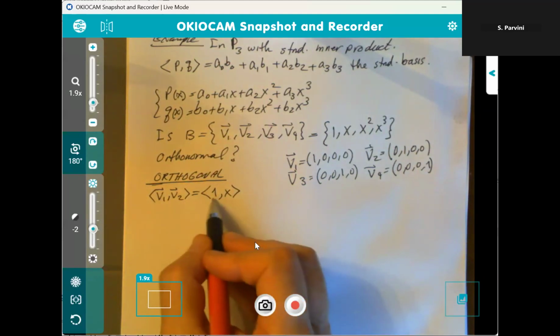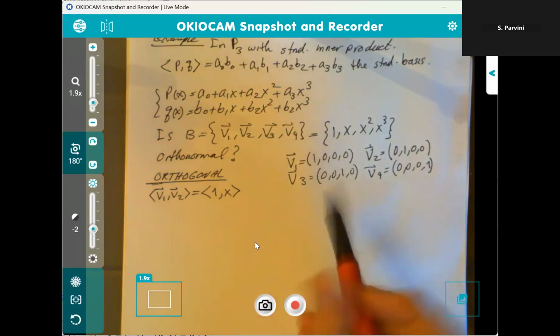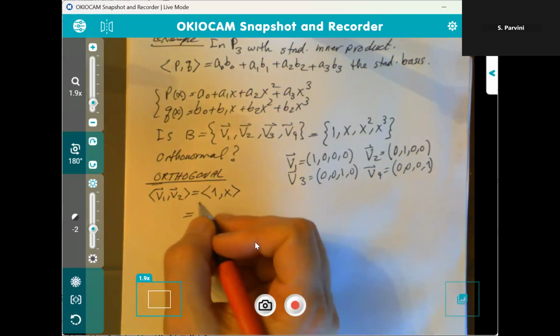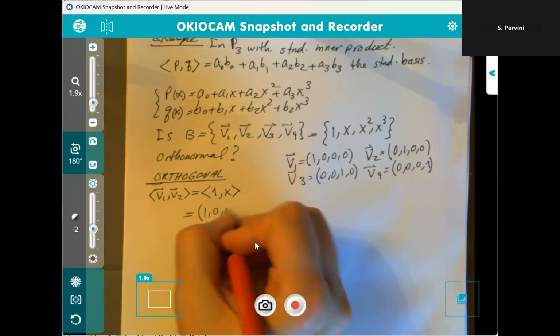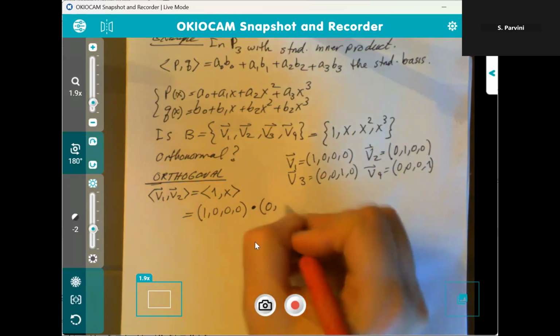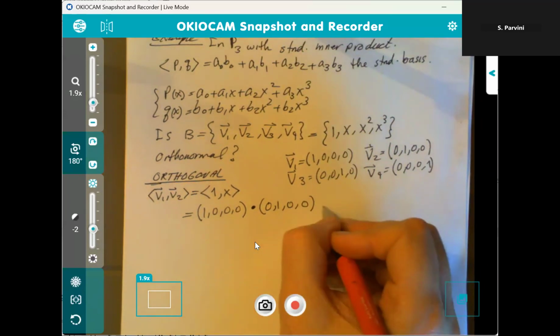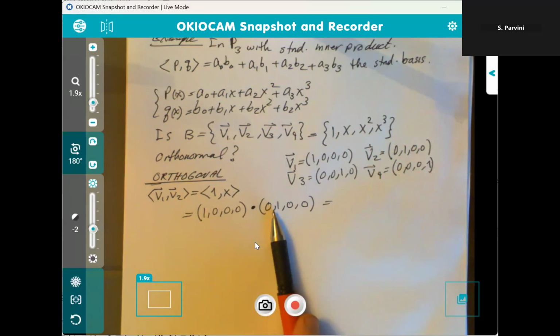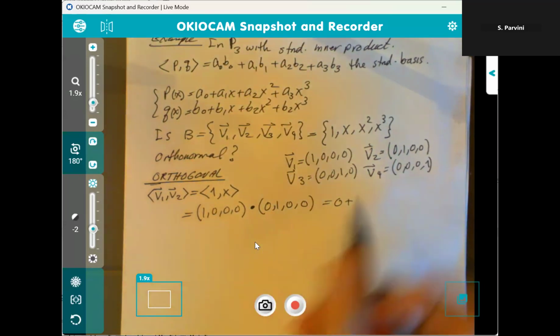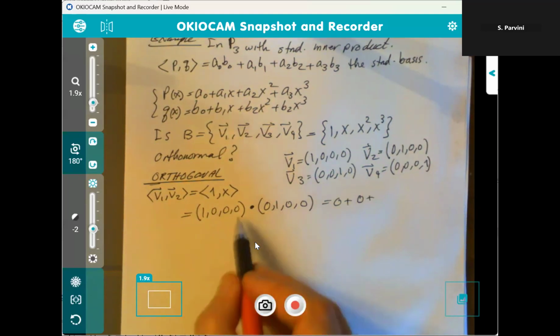Now, I'm doing the inner product of 1 and x, meaning vector 1 and vector 2. Let's do that dot product. That would be 1, 0, 0, 0, dotted with 0, 1, 0, 0. And remember, for the standard dot product, you go first by first, second by second, third by third, fourth by fourth. So 1 by 0 is 0, plus 0 times 1 is 0, plus 0 by 0, 0 by 0.